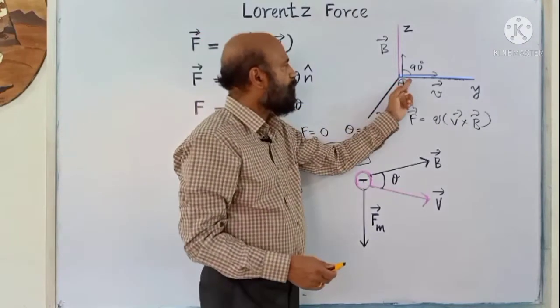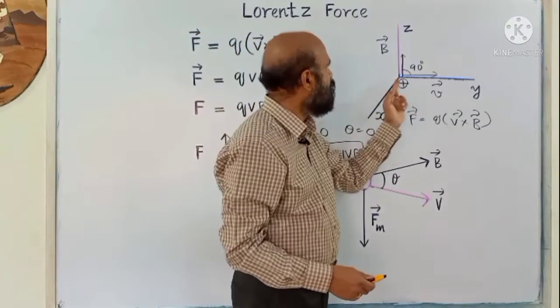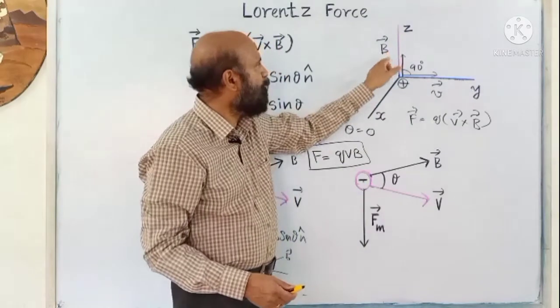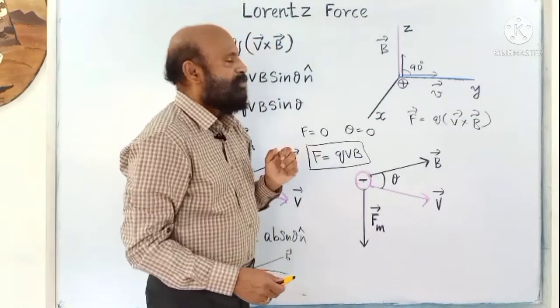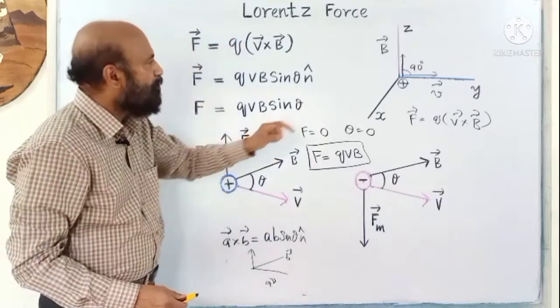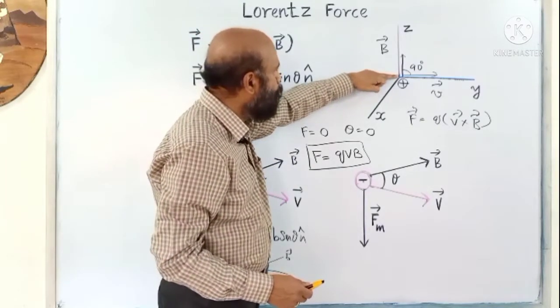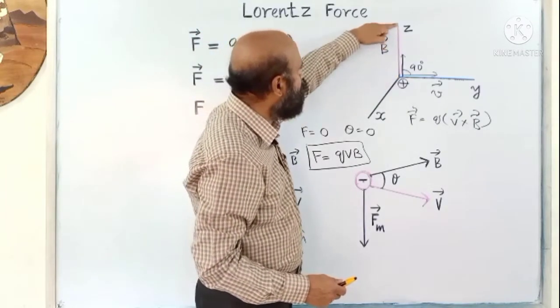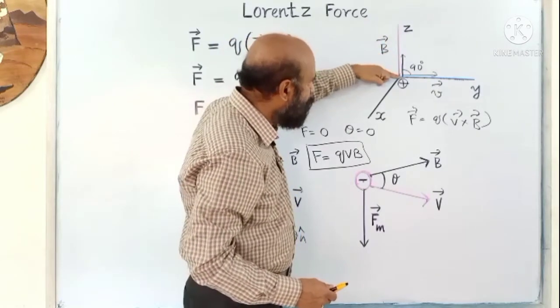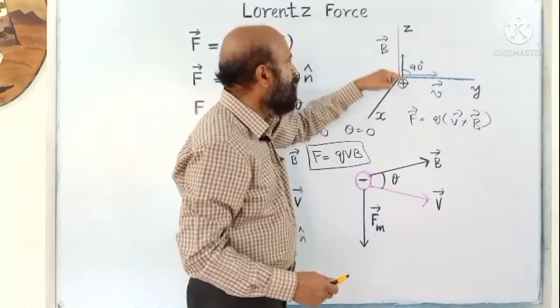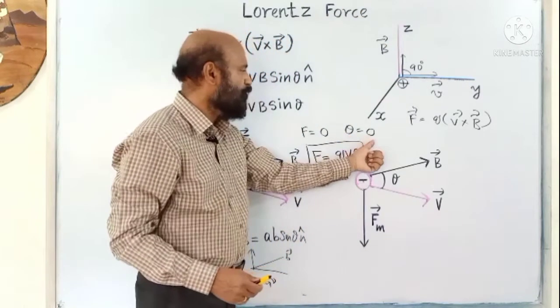Now here x-axis, y-axis, z-axis. Suppose there is a magnetic field along the z-axis. And let us see two special cases. If charged particle is moving parallel to the magnetic field, that is along the z-axis, suppose the charged particle is also moving along the z-axis, then theta will be 0.